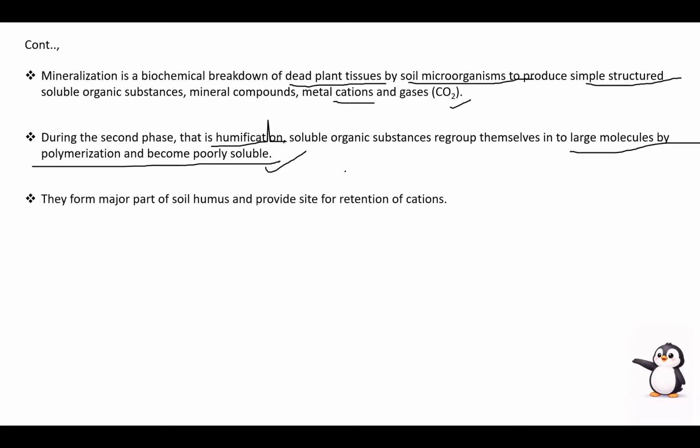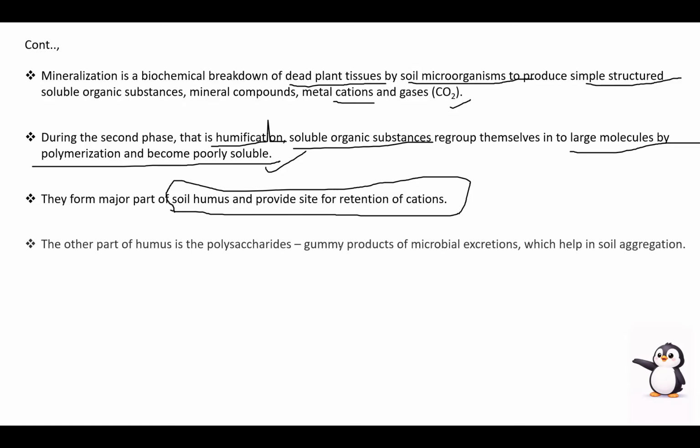They form the major part of the soil humus and provide the site for the retention of cations. That's why soil humus is very important, because it is a site for a lot of nutrients and cations, since all the soluble forms of organic substance are regrouped into humus during the process called humification. The other part of the humus is polysaccharides, which are gummy products of microbial extractions that help in soil aggregation.